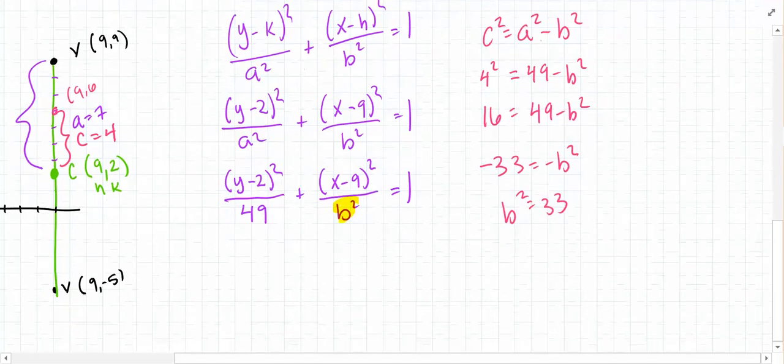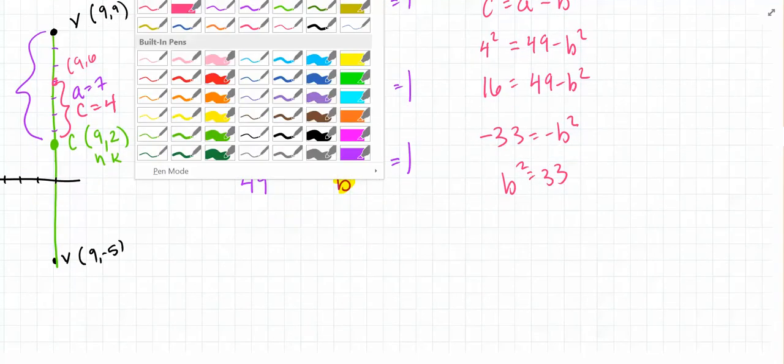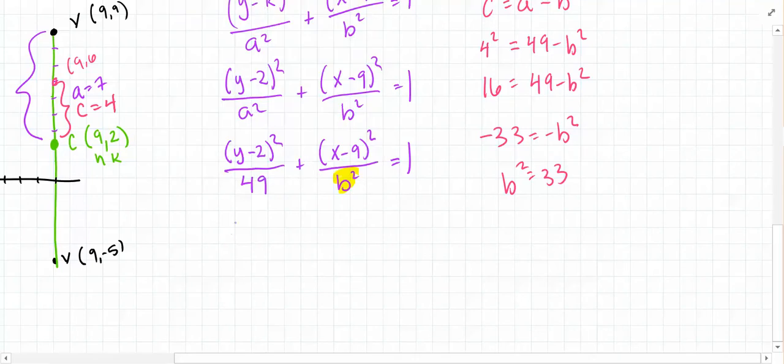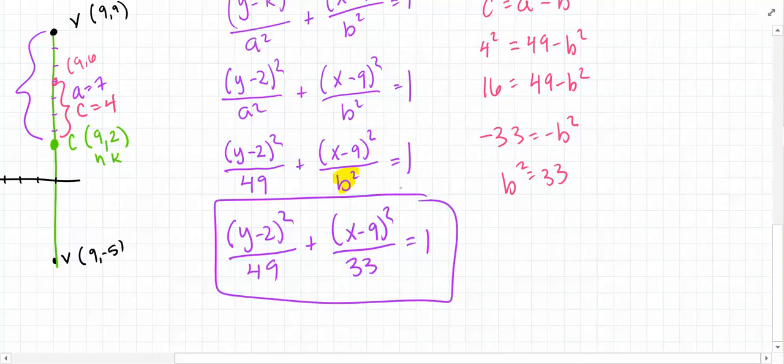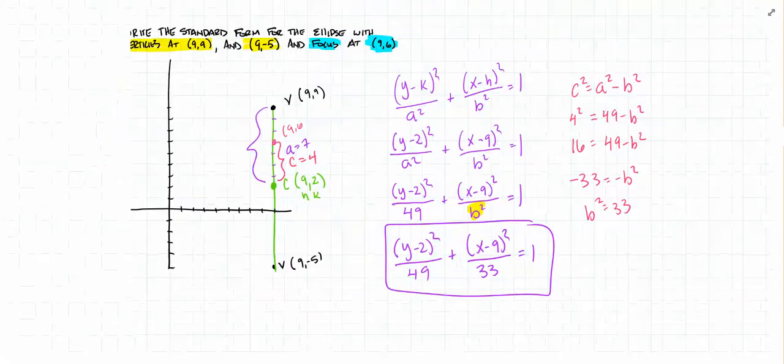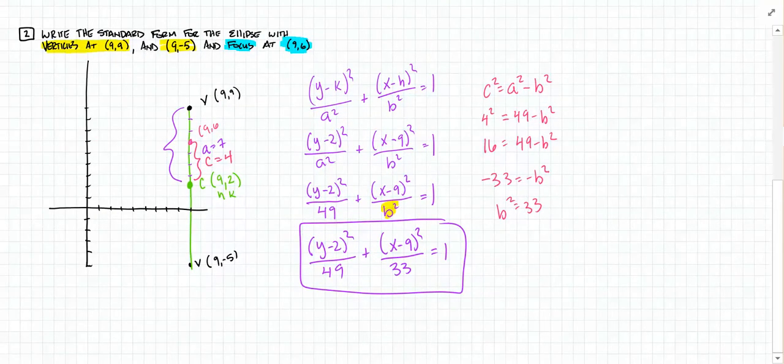Okay, that's all the information that I need to write my final answer, which would be this. (y minus 2) squared over 49 plus (x minus 9) squared over b squared, which is 33, is now equal to 1. And that is the standard form of the ellipse with vertices at 9, 9 and 9, negative 5 and a focus at 9, 6.